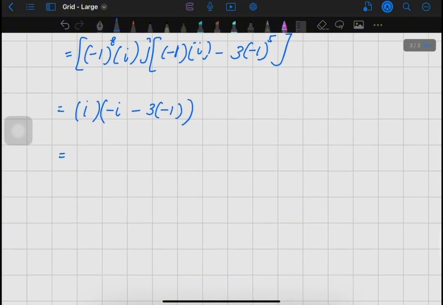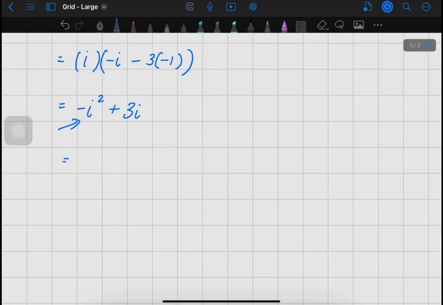So i times negative 5 becomes negative i, then this becomes positive 3. Positive 3 times i squared, which is negative 1, becomes plus 3. So the result is negative i plus 3, which is 3 minus i. So this is the final answer.